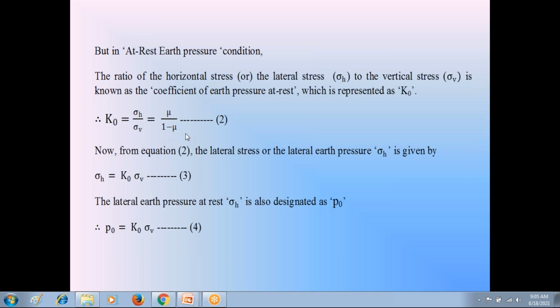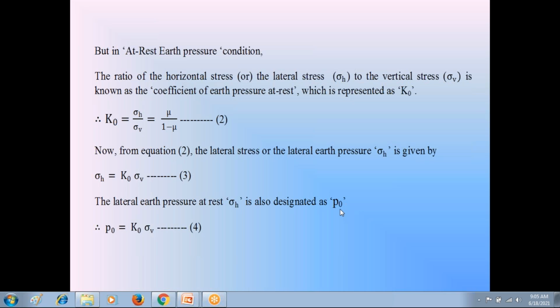So it is mu by 1 minus mu. From this equation 2, you will get the horizontal stress sigma h in the at rest condition. Sigma h is equal to K0 into sigma v. In the rest condition, this horizontal stress sigma h is also indicated as P0.